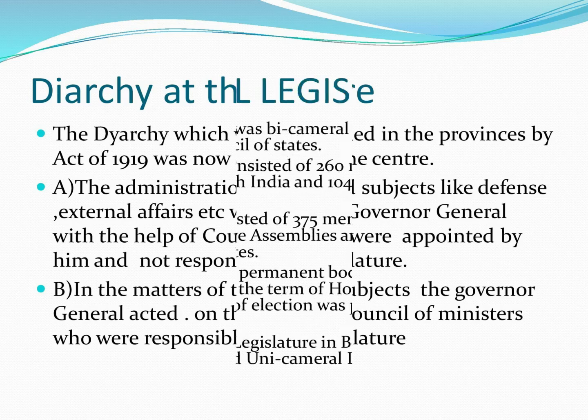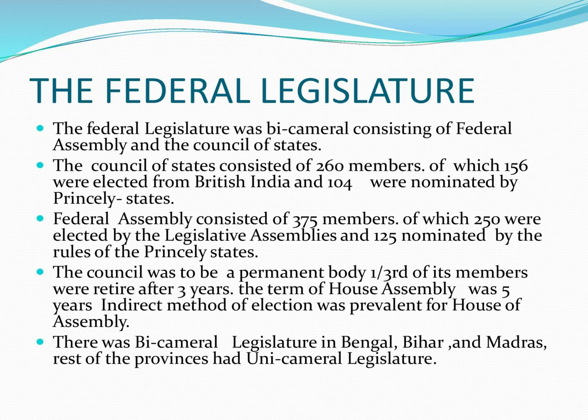Then the fourth one, the federal legislature. The fourth provision incorporated in this act: the central legislature was bicameral, consisting of the Federal Assembly and the Council of State. Bicameral means existence of two houses.